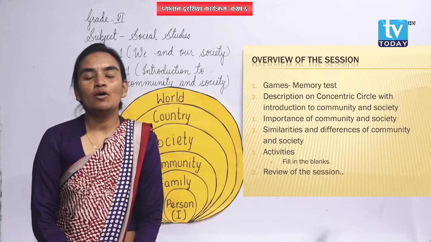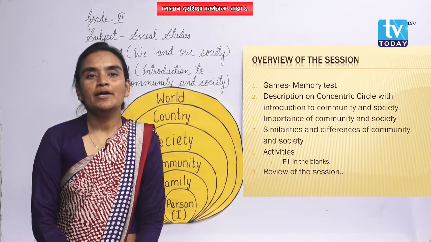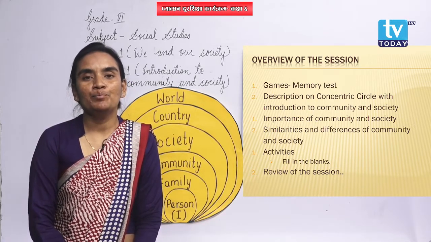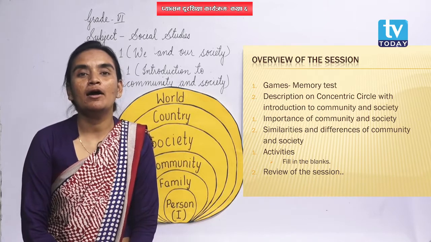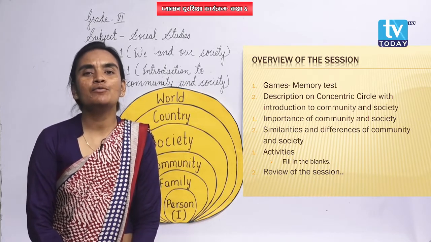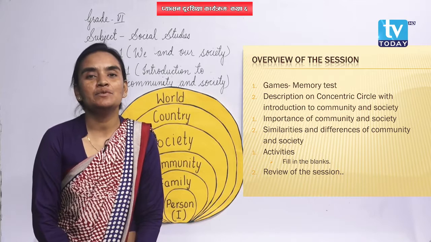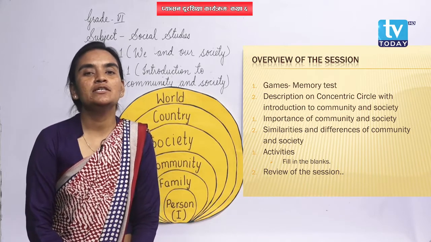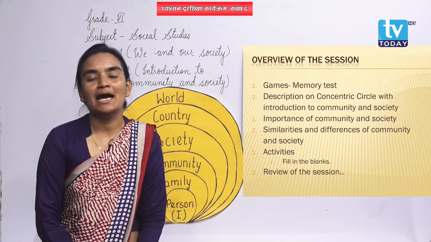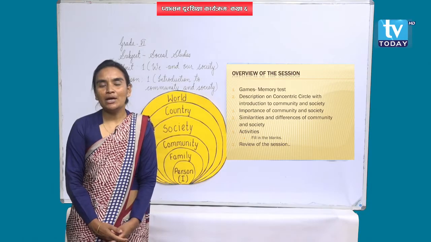We also go to the importance of both of them, why they are important to us. Why are we focusing in the first chapter of social studies on the introduction of community and society? That we will try to learn.